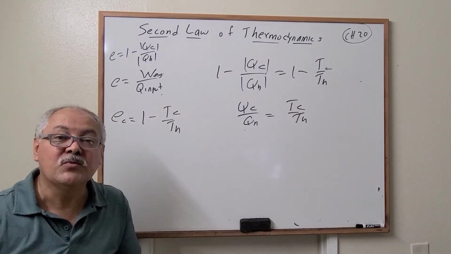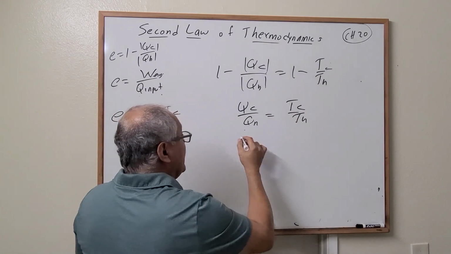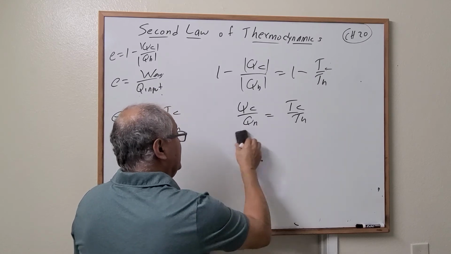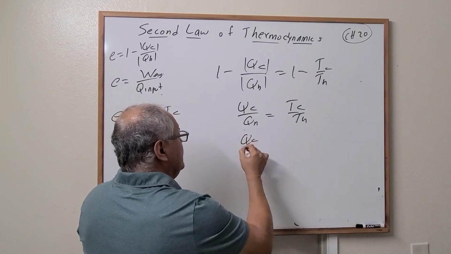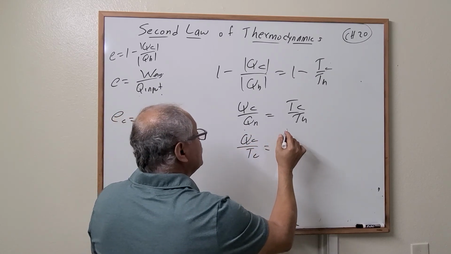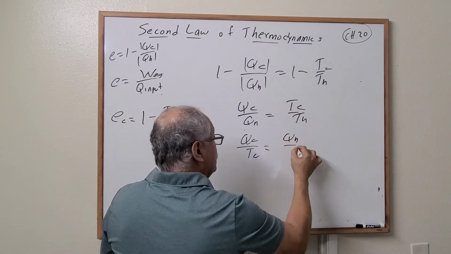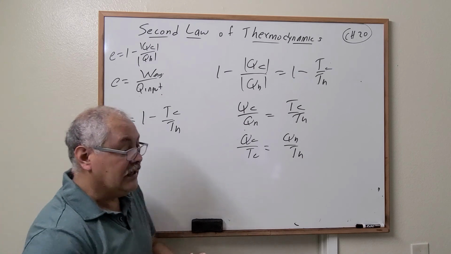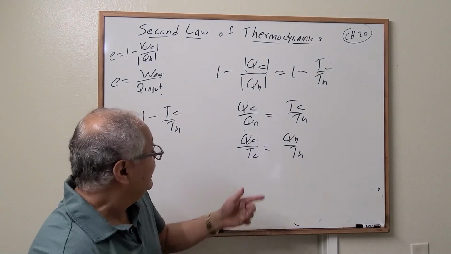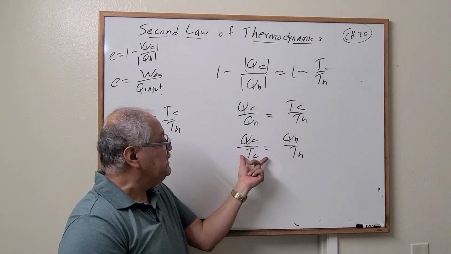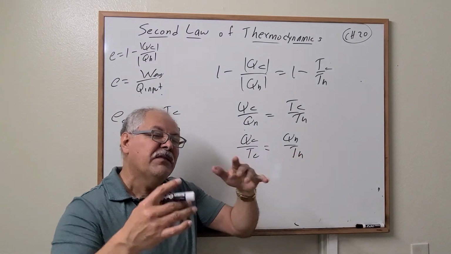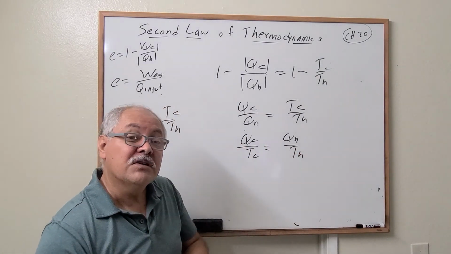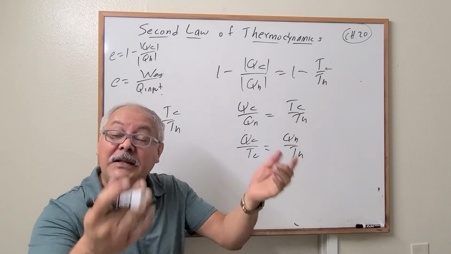Let's rearrange it this way: Q_C over T_C must be equal to Q_H over T_H. It's similar to when this quantity at the beginning is equal to this quantity at the end, a kind of conservation of a quantity.